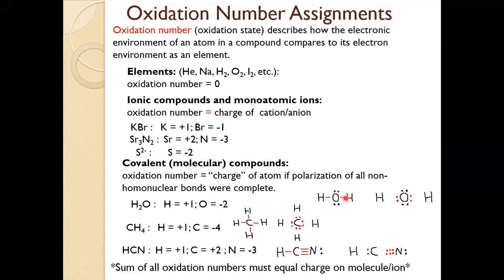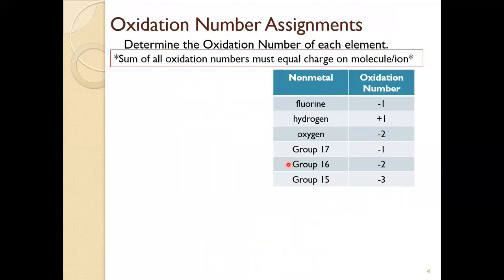We can see that, for example, for water, we have +2 for the 2 hydrogens, plus a -2 for the oxygen, gives us a total of 0, which matches the 0 charge of the water molecule. So taking advantage of this very important rule, we can come to a shortcut to determine the oxidation numbers of these non-metal atoms as part of these molecular compounds without necessarily having to draw the structures and think about the electronegativity differences. To do that, we're going to use this table.